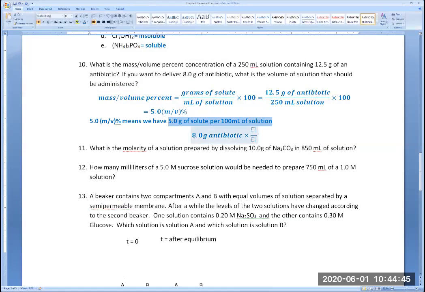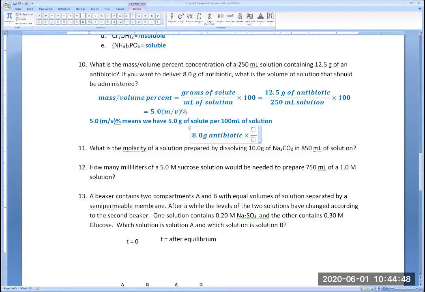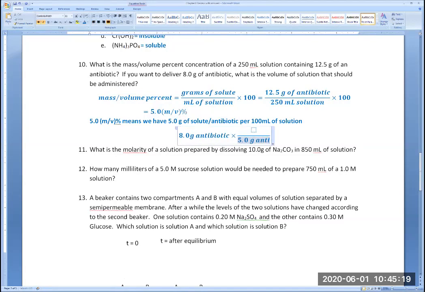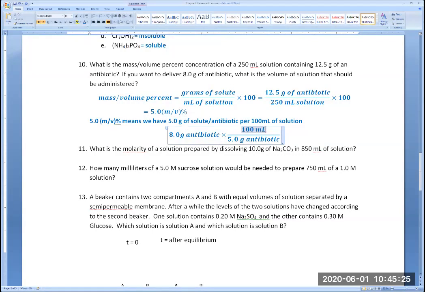The given is grams of antibiotic, and here I should have said slash antibiotic, because the antibiotic is the solute in this case. We want to cancel the unit of grams of antibiotic, so this 5.0 grams of antibiotic goes on the bottom, and the 100 milliliters of solution goes on top.